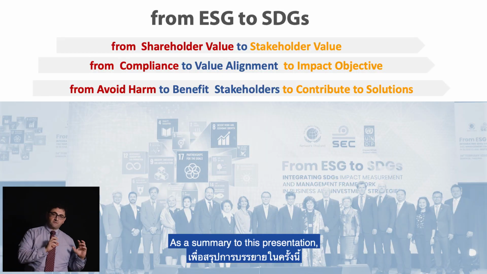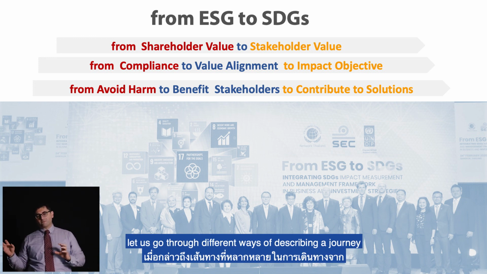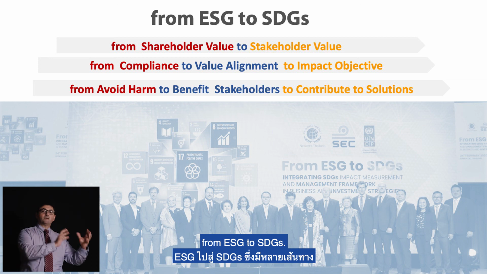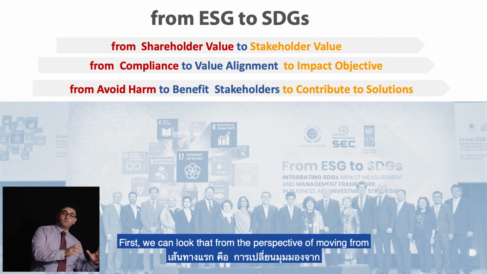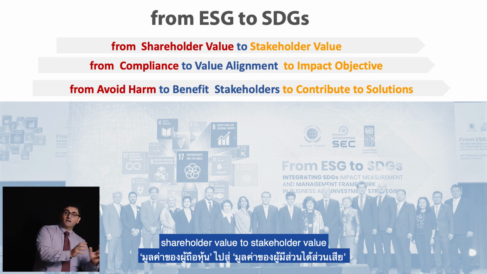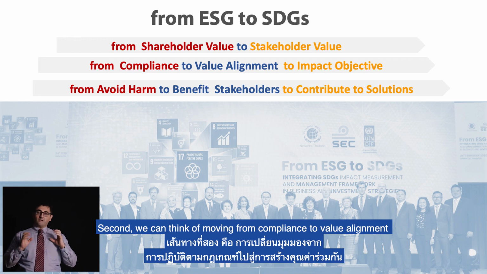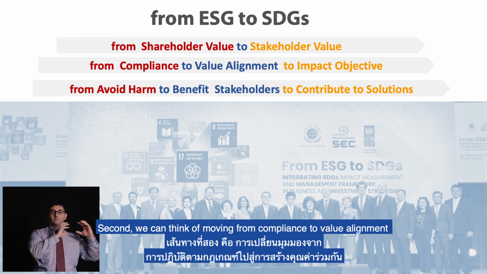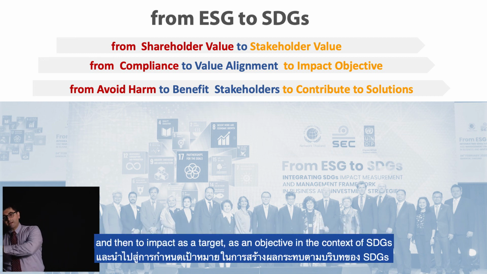As a summary to this presentation, let us go through different ways of describing the journey from ESGs to SDGs. First, we can look at that from the perspective of moving from shareholder value to stakeholder value. Second, we can think of moving from compliance to value alignment and then to impact as a target, as an objective in the context of SDGs.